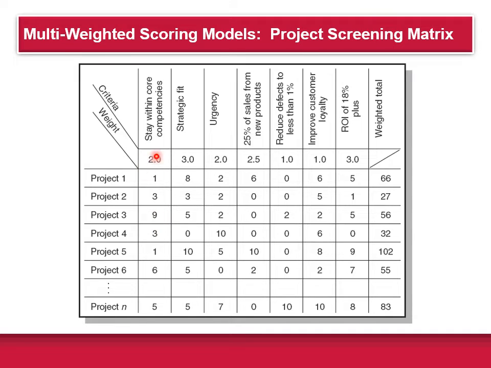Now the weight factor is what gets multiplied by each one of these to determine its relative importance, right? The bigger the weight, the more it gets added into the calculation. So for project 1, you would multiply the weight times the score plus this weight times its score.